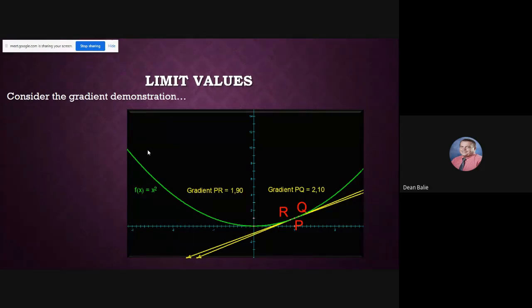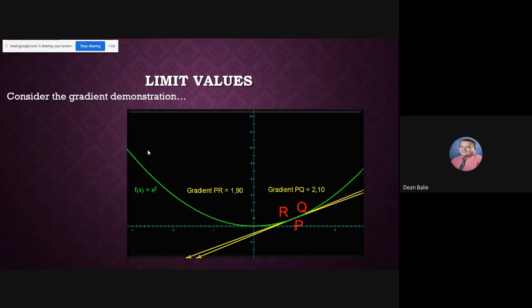So when we took those yesterday and had a look at them, we realized that we can use our average gradient, if we get close enough, to give ourselves an estimate of the actual gradient at the point.